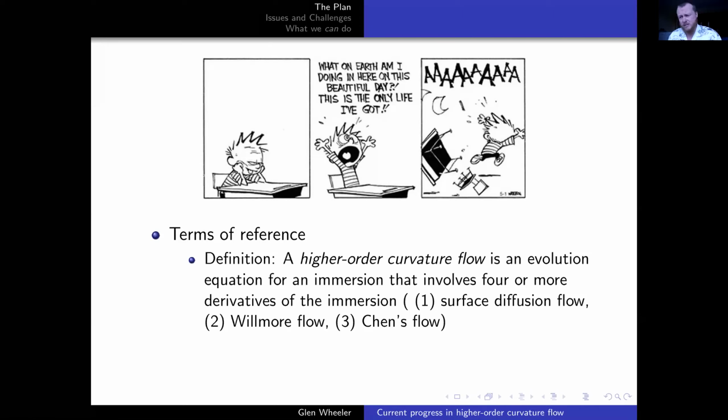Apart from flows of metrics, there are also flows of maps that I'm not talking about today. These include biharmonic map heat flow and polyharmonic map heat flow. It would be really difficult for me to think of all the names of people whose work I'm not talking about here, but they would include Melanie Rupflin, Changyu Wang, Tobias Lamm, Andreas Gastel, Parker, Christine Breiner, Paul Laurain, Tristan Rivière, and Moser from Bath.